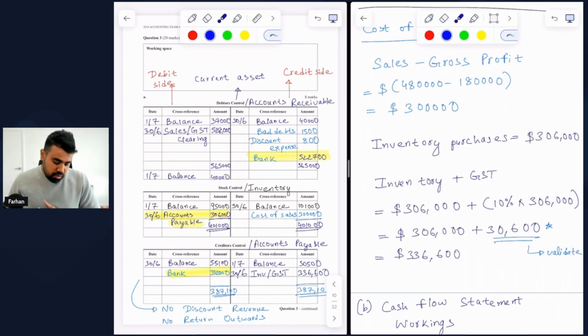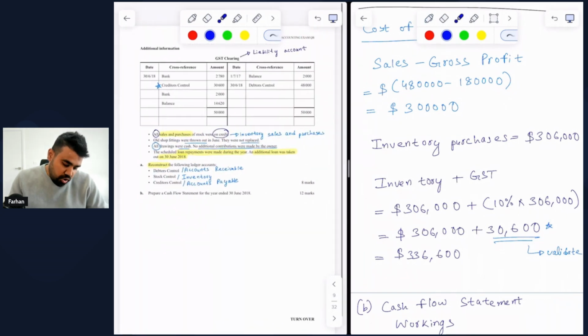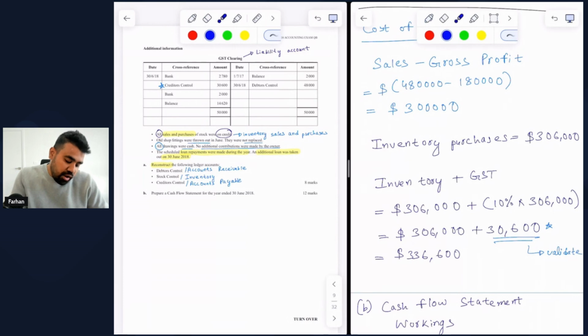Okay, I'll get back to this, but what about this GST of 30,600? So this GST of 30,600 on inventory purchases is what you can validate from the GST clearing account as well. You can see that we expect to pay our creditors, who are our accounts payable, GST of $30,600.